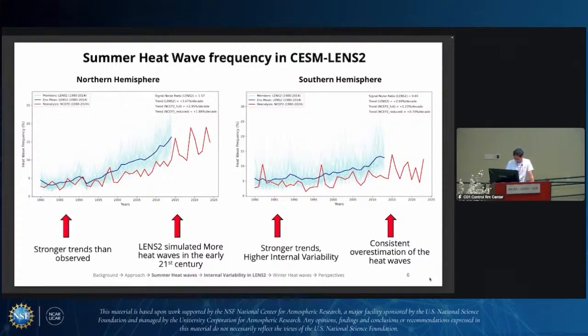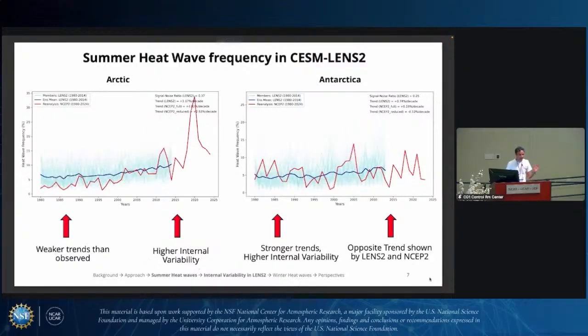For the southern hemispheric heat wave frequency, it's majorly the role of internal variability, which tells us that natural fluctuations in the Southern Ocean are pretty dominant over the forced trend. I also wanted to see how the polar regions are showing. I've analyzed regional bases as well, but I wanted to show both poles in terms of the trends.